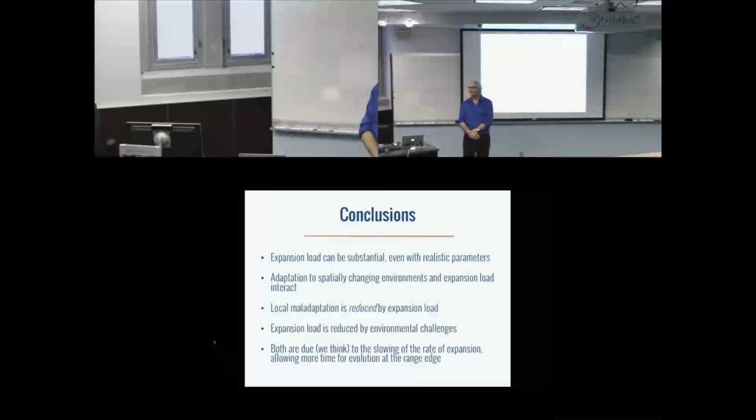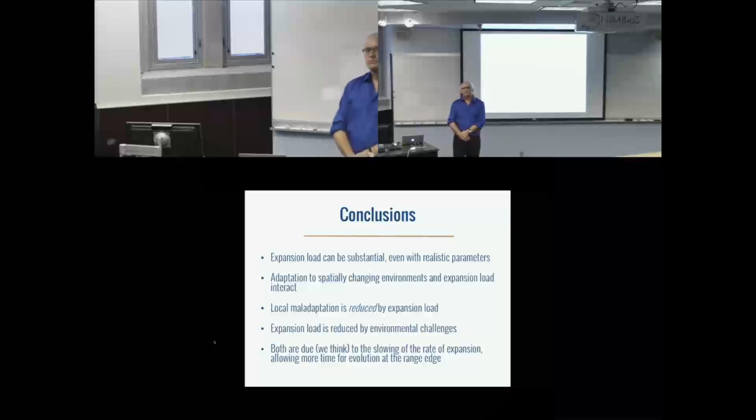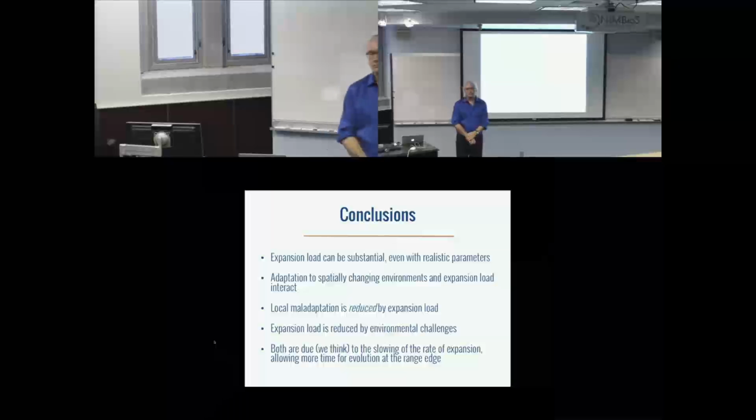I had a question. What if you had a species that had greater capacity for phenotypic plasticity, or some other mechanism by which they could handle steeper environmental gradient slopes? How would that change any of the patterns that you've seen from your simulations? I'm sure it would. I'm not sure how.